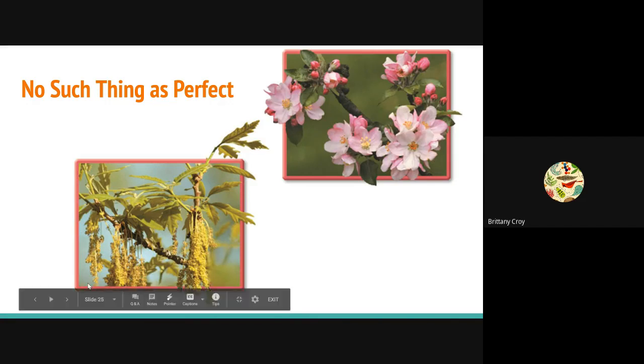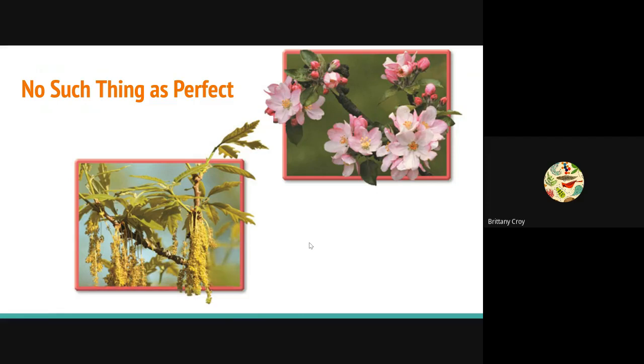This tree has pollen that dangles off of it, so when the wind blows, it's able to spread it. Both of these are good for that plant's environment. There's no best option. We don't see everything being the same way. We see best solutions for particular environments. And when the environment changes, the organism will either die out or it will evolve.